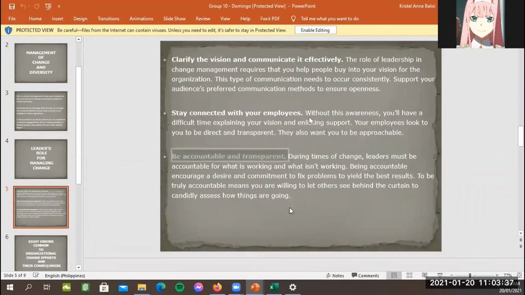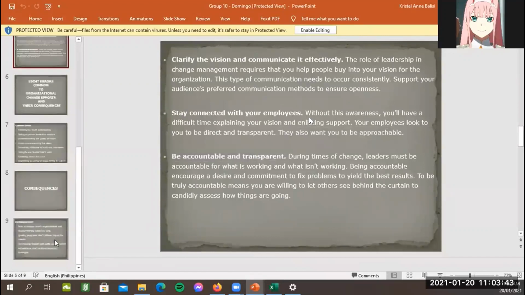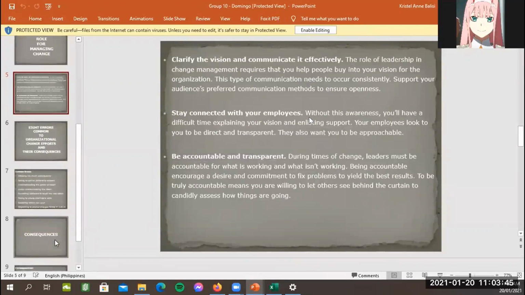Be transparent. During times of change, leaders must be accountable for what is working and what's not working. Being accountable encourages a desire and commitment to fix problems to yield the best results. To be truly accountable means you are willing to let others see behind the curtain to candidly assess how things are going.